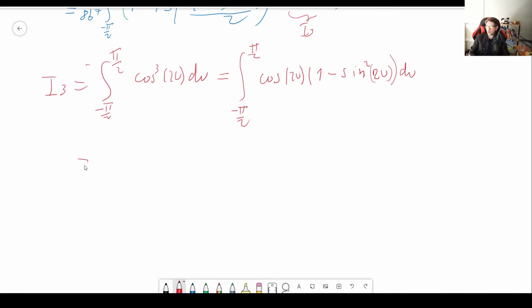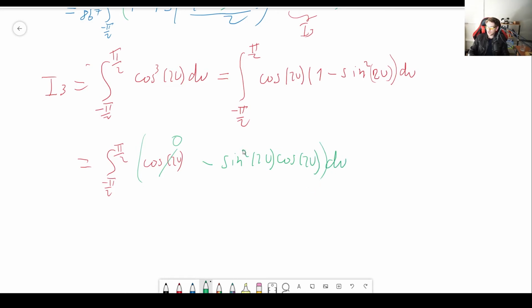And the whole point is that now we get the first term, cosine of 2u, but we have seen many times this is going to be 0. And then the second one will be minus sine squared of 2u cosine of 2u du.